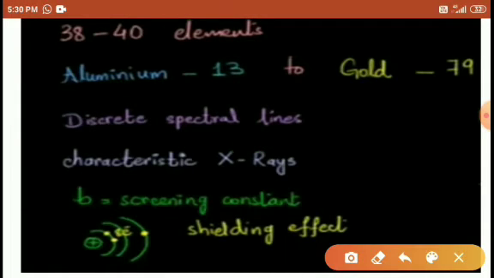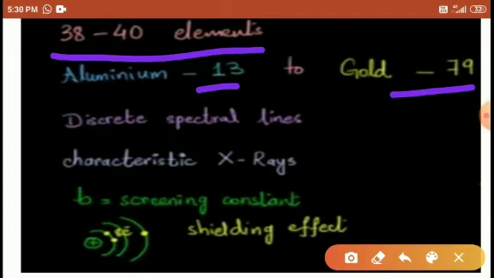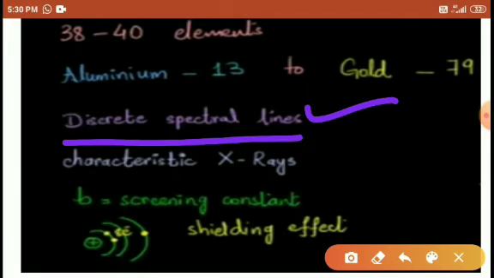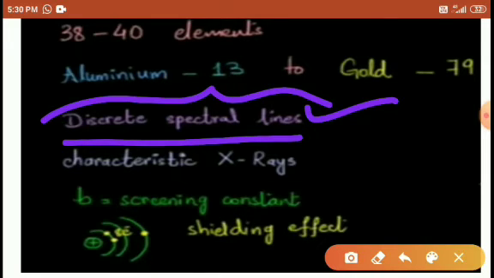He conducted the experiment on about 38 to 40 elements, from aluminum to gold, and he said that different elements have discrete spectral lines. It means each specific element gives a specific spectral line. This is the first point.